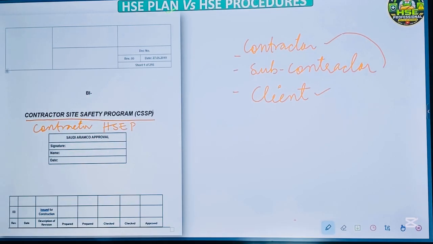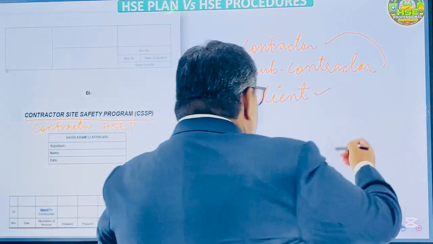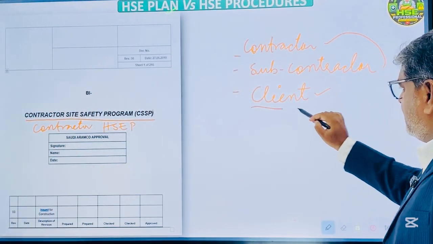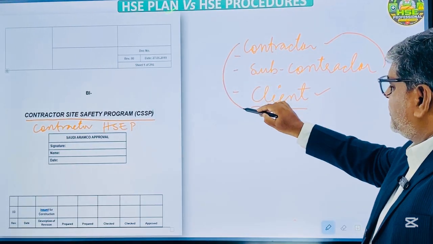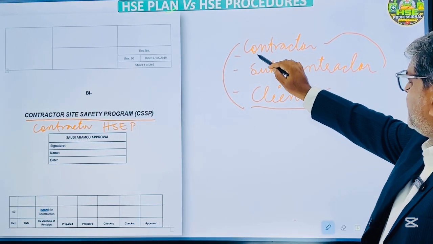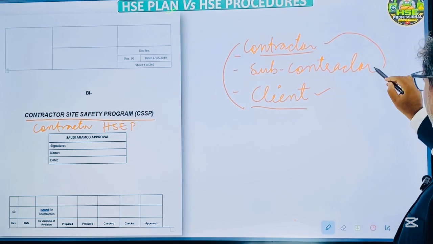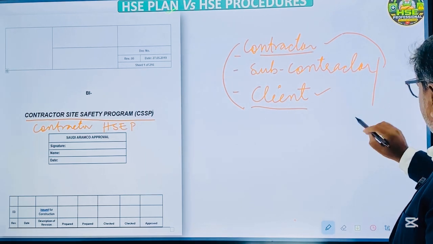Okay, so let's come here. The client is the one who is giving the project, the contractor is the one who is taking the project, and if required, the contractor is going to hire many subcontractors.